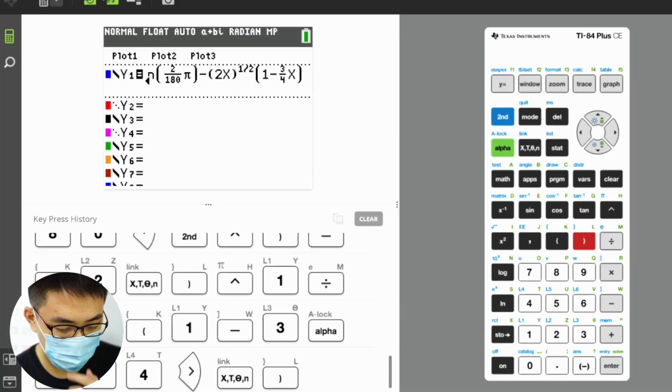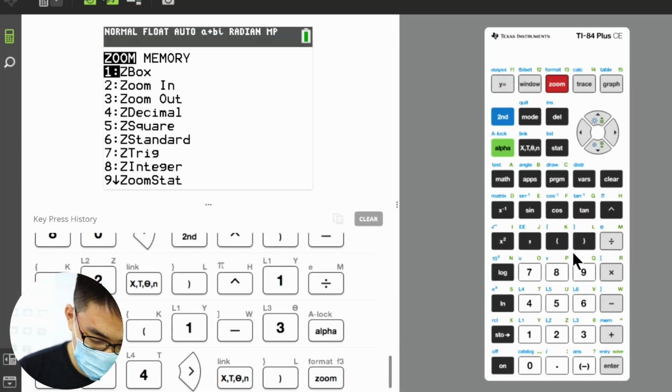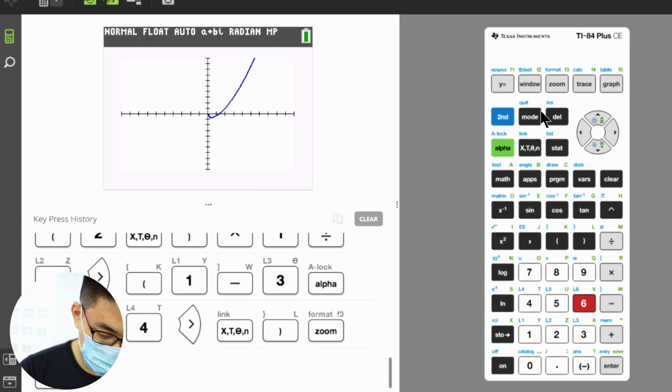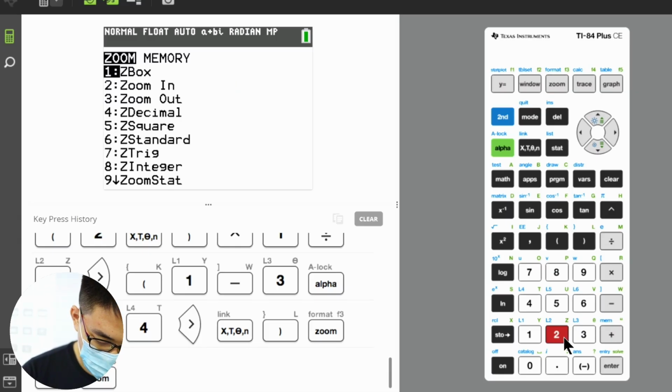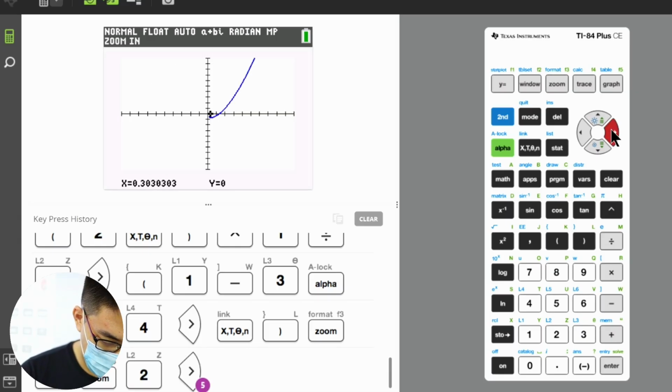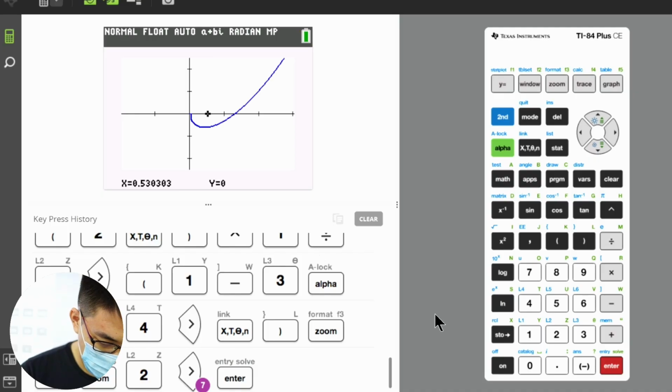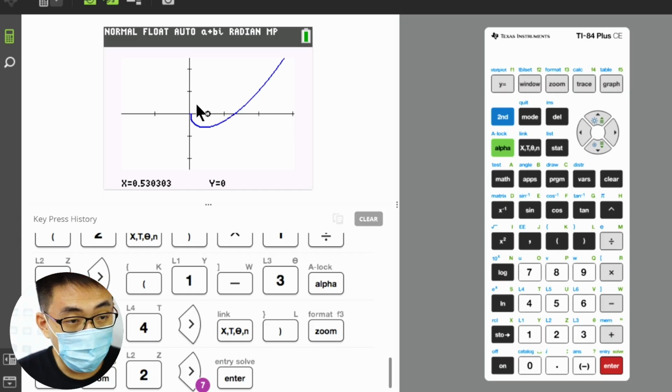There you go. Graph it. Solution should be here. This should be a root here. Or here.